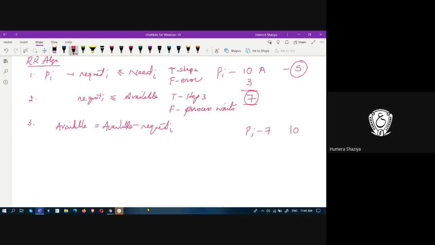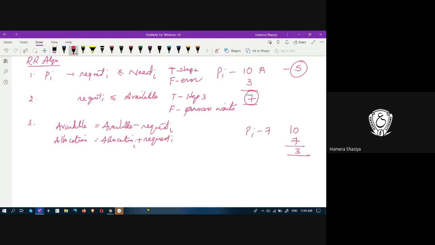So 10 minus 7, the subsequent available value is 3. And then allocation. After available is changed, it has to be allocated. Allocation is equal to allocation of I plus request of I. Allocation that has already been made.